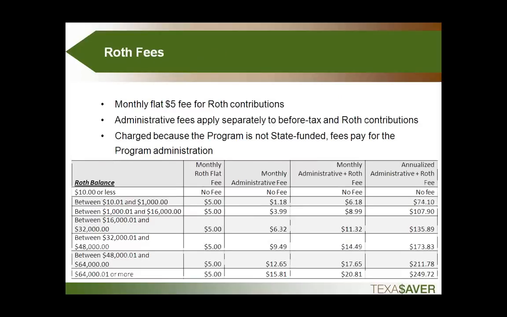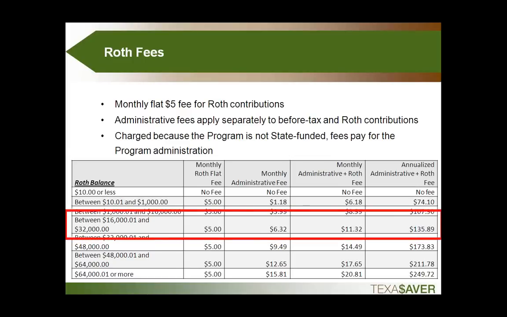Because there are 2 money types held within the Texa Saver 401k or 457, you will have separate administrative fees for each money type in addition to a flat fee of $5 to participate in the Roth option. So if we were to continue our example with Sarah, she may have the $3,000 in the before tax, but she may have $17,000 in Roth contributions to her plan.